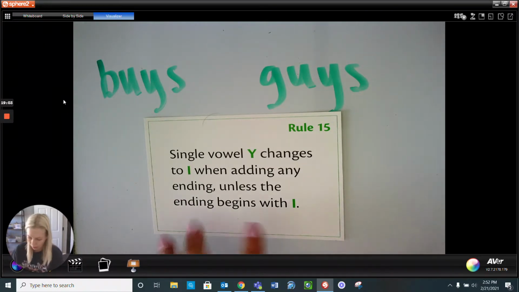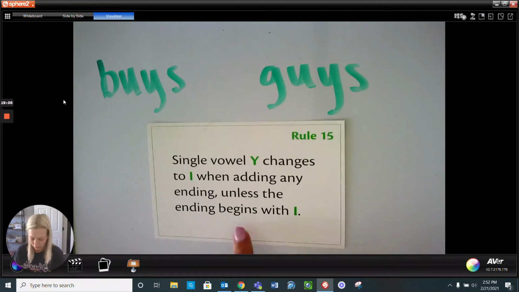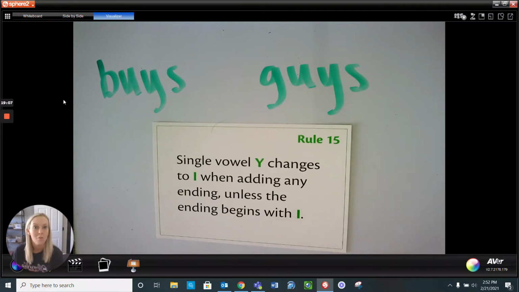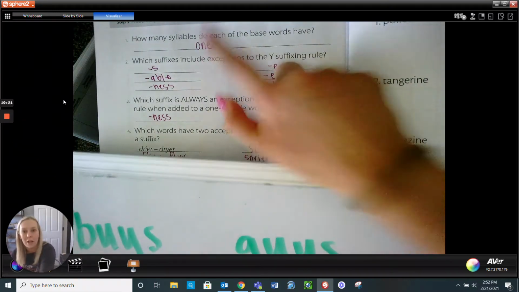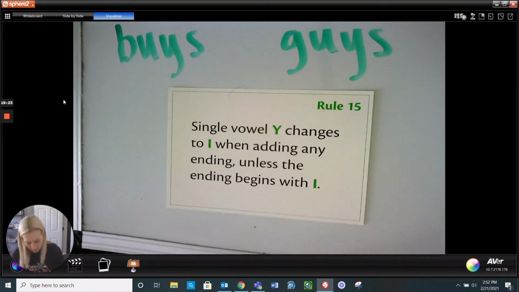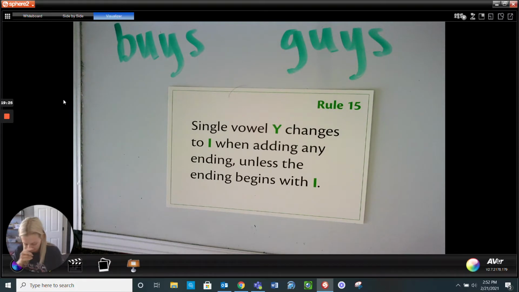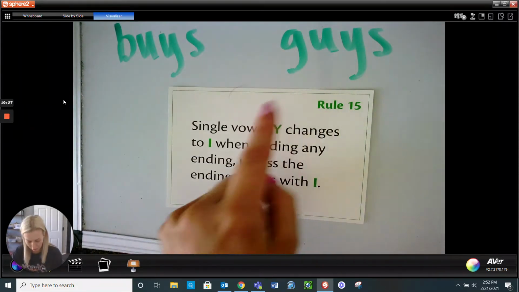How would you describe exceptions to this rule? Remember that we decided that single syllable words that end in a Y didn't follow that rule. We just figured that out up here. So, buy and guy do not change.